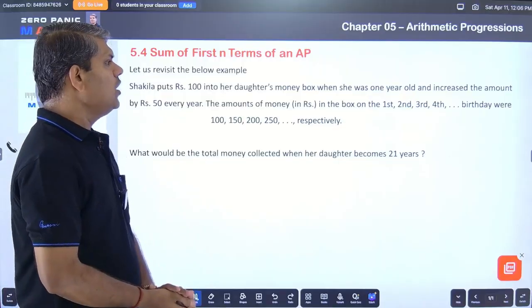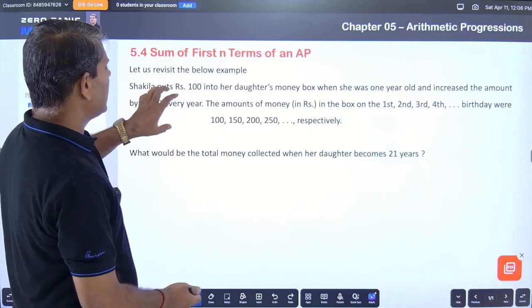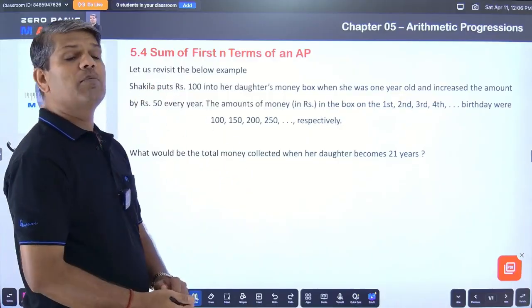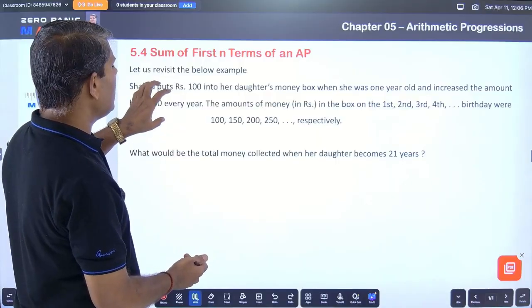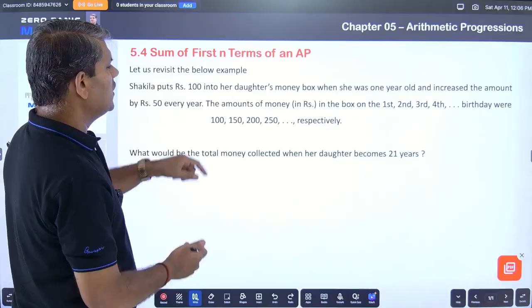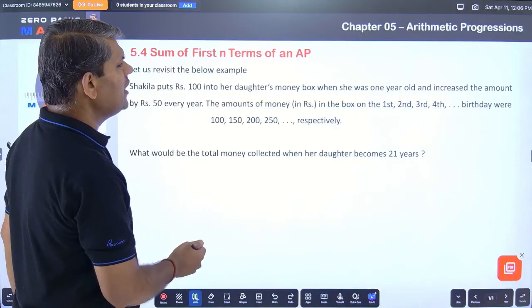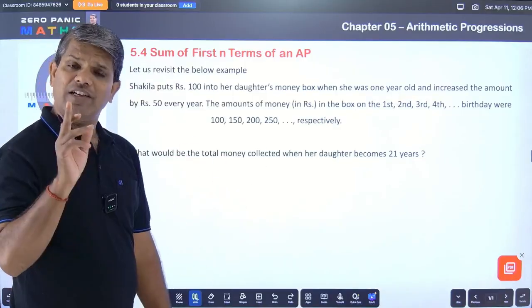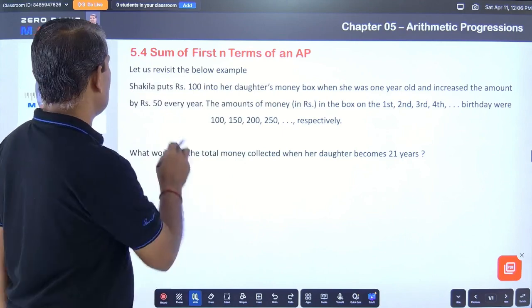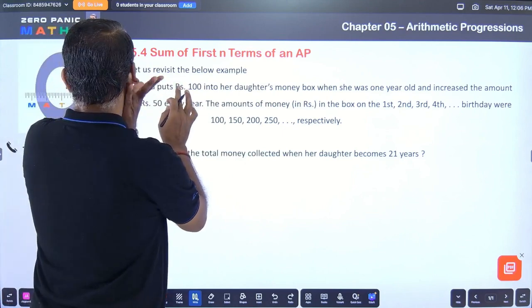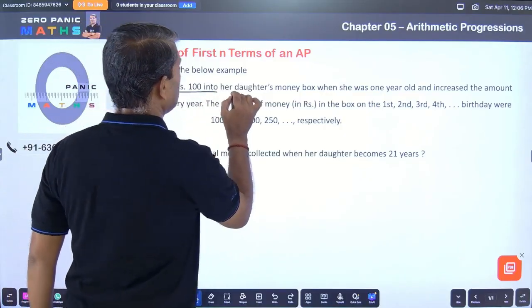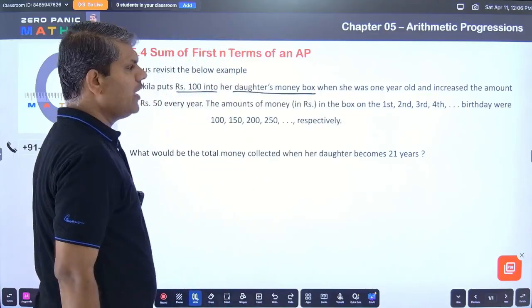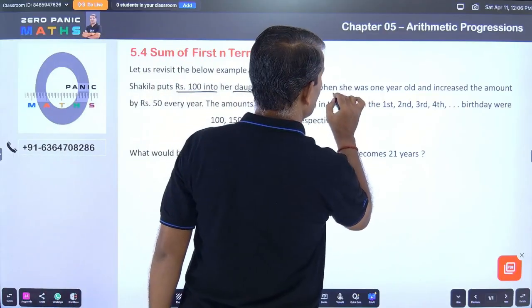Now let us consider the example that we have seen in the beginning of this chapter. It was a real life example which created a list of numbers that represented an arithmetic progression. Assume that Shakila puts 100 rupees into her daughter's money box when her daughter is 1 year old.